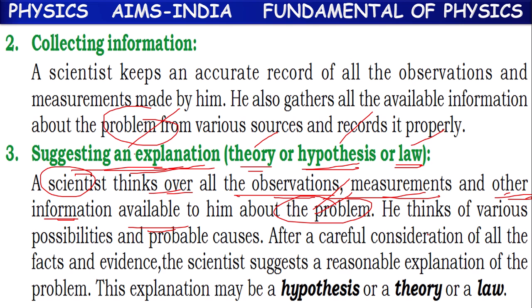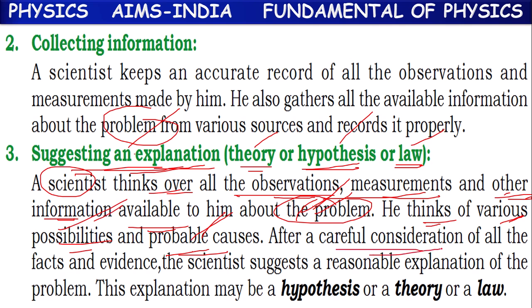Regarding the problem, he thinks of various possibilities and probable causes. Why is this problem happening? What is the probable cause for this? What are the various possibilities? Like that he will think.